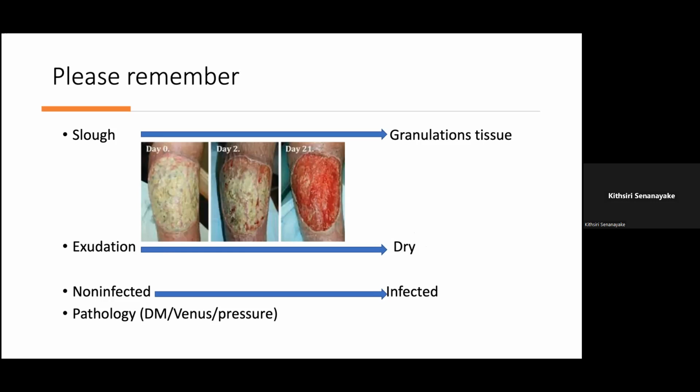Whether this wound is infected or non-infected. And the fourth thing that I'm going to think about is whether this is a special type of wound, whether it's a diabetic wound, venous ulcer, or pressure ulcer. Depending on those things, the type of wound care product we use is different. So please remember, when you see a wound, to see the slough, the exudate, whether this is infected or not, or whether this is a special type of wound.